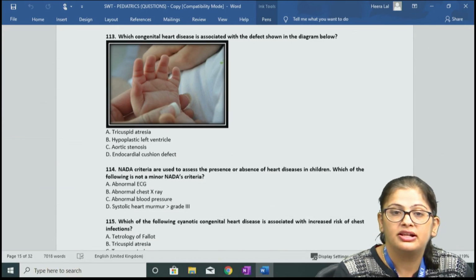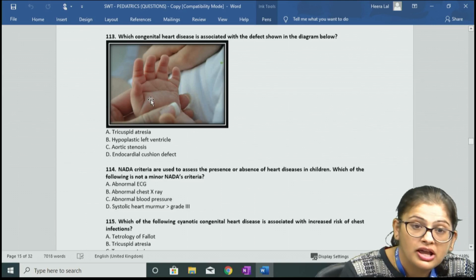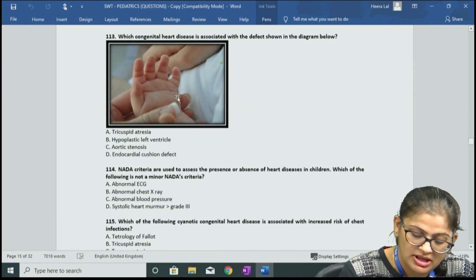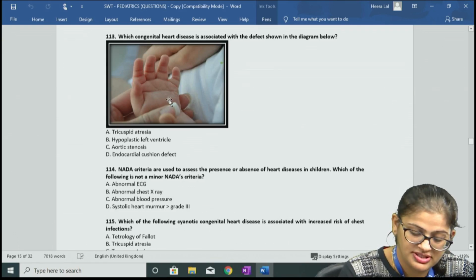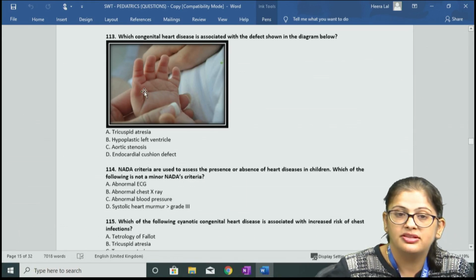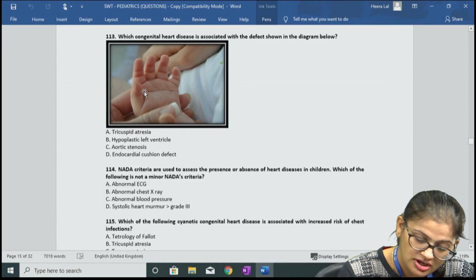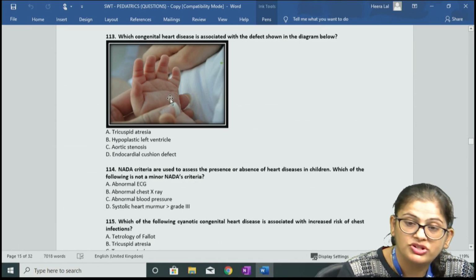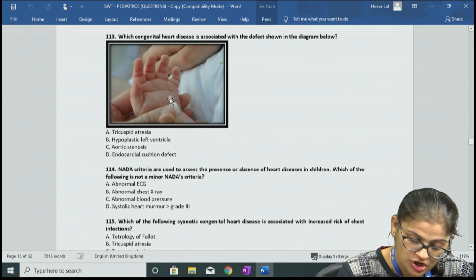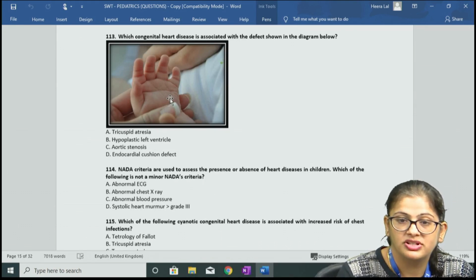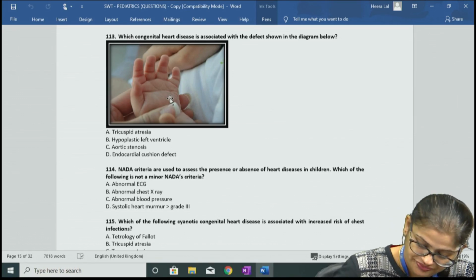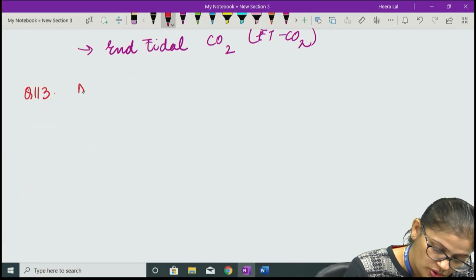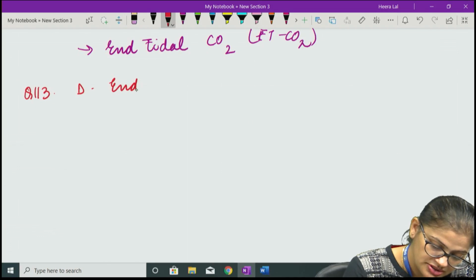If you see clearly, this is the abnormality in this image, the single simian crease, which is seen in Down's syndrome. So what would be the correct answer to this question? The correct answer would be option number D, that is endocardial cushion defect.